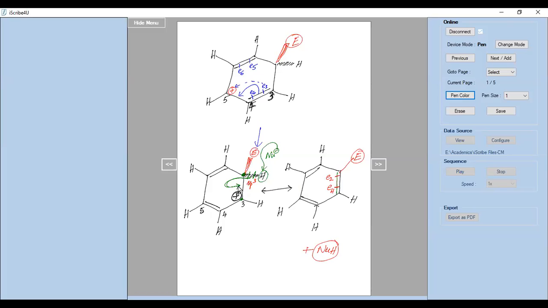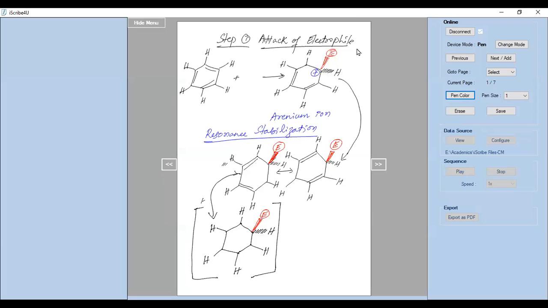Please remember that. And this is the second carbon, third, 1, 4, 5, 6. So one important observation is that the position of pi bonds is changed here. Single bond becomes double bond and double bond becomes single bond. That I will show you in the next page.